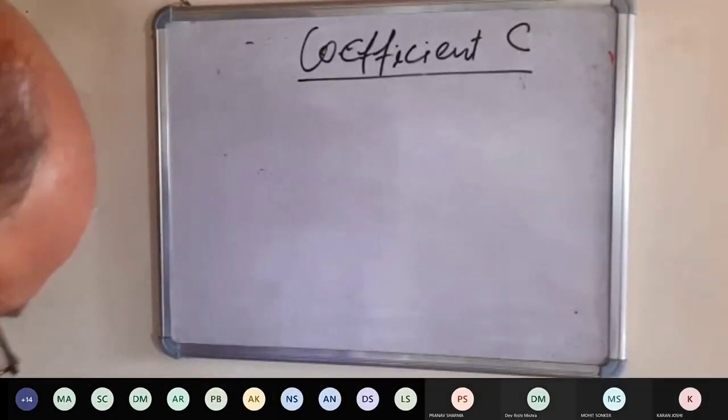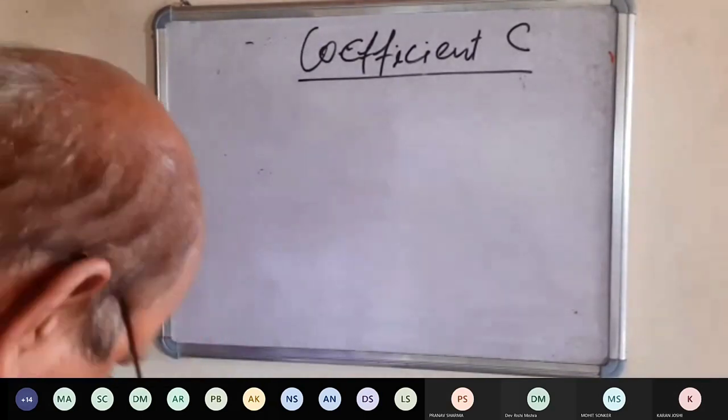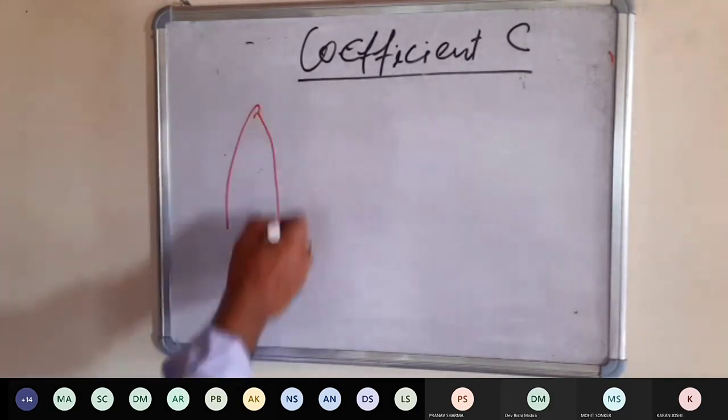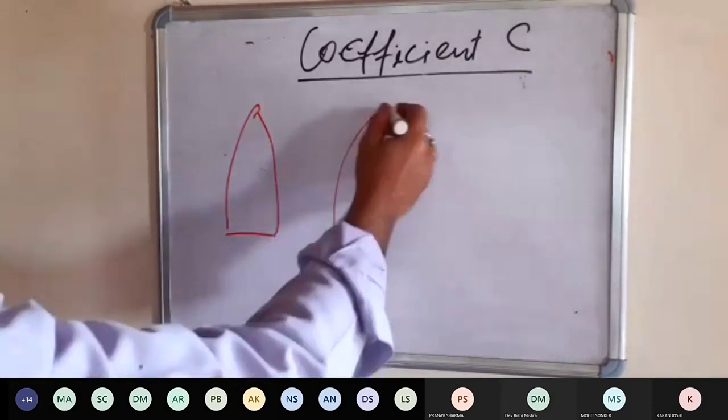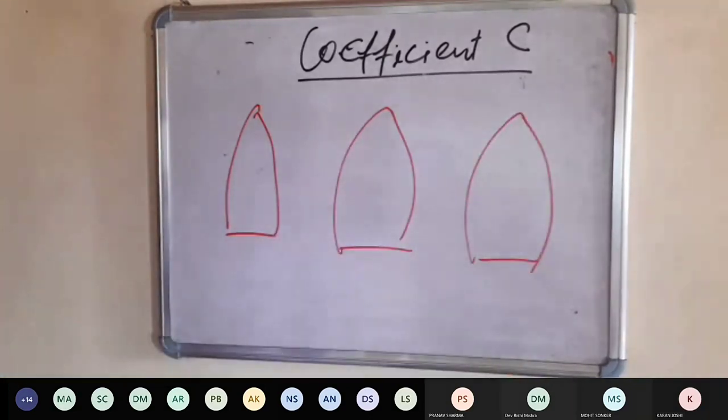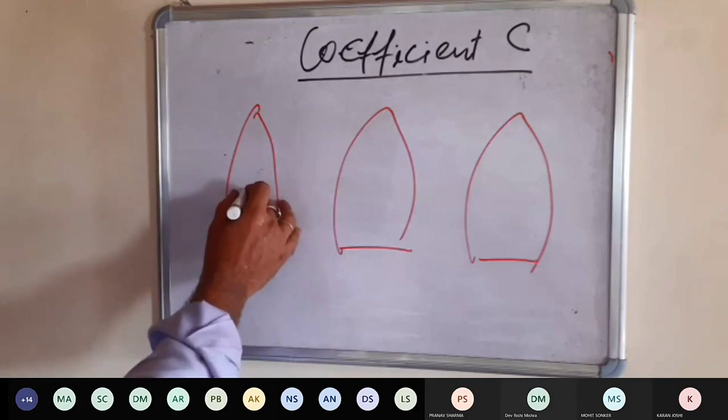All right, so we can have the poles coming into effect. We may have a situation like this. The compass is here.